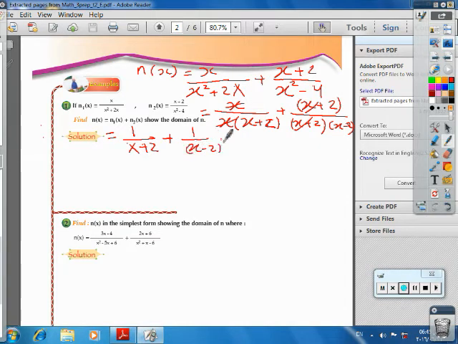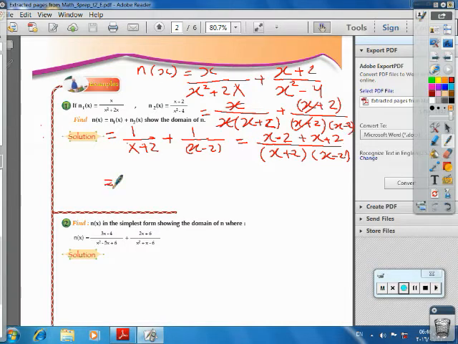Now the denominators are not similar, they are different. We can make scissors, 1 times (x − 2) and 1 times (x + 2), and in the denominator (x + 2) times (x − 2). Okay, 1 times (x − 2) equals x − 2, plus 1 times (x + 2) equals x + 2.